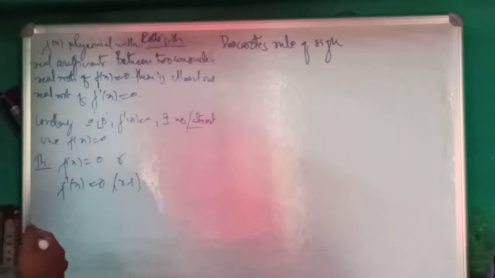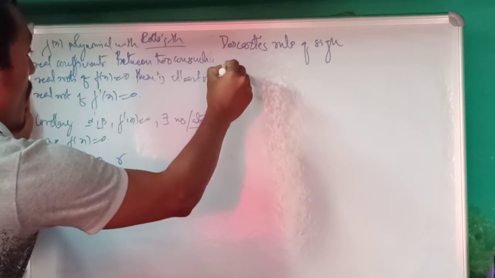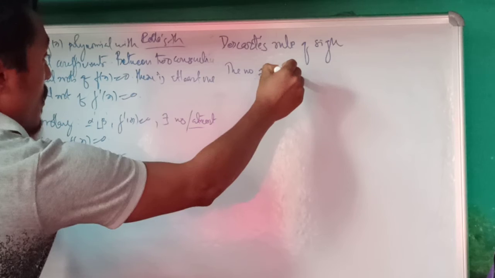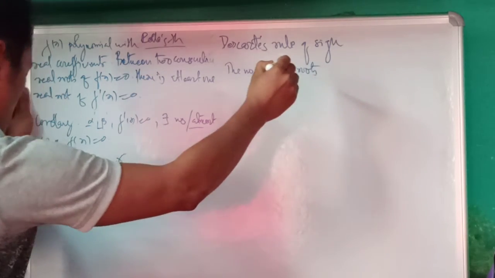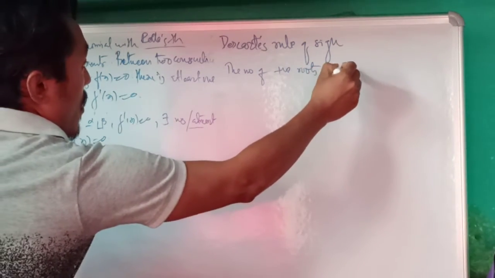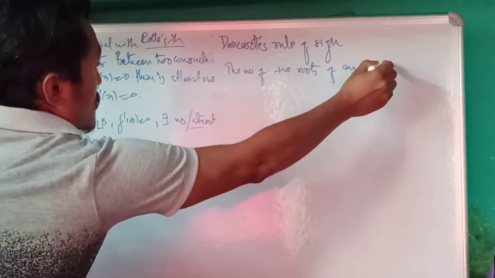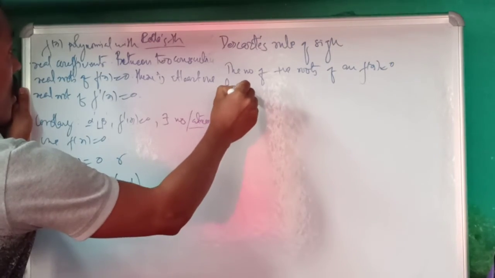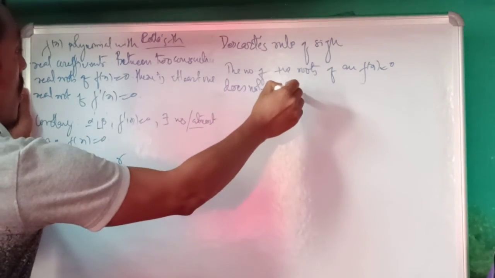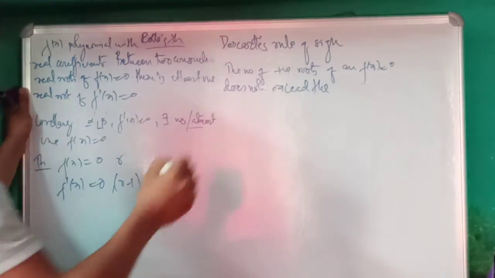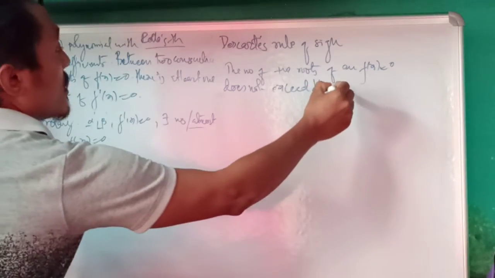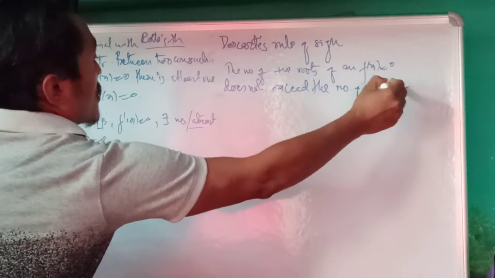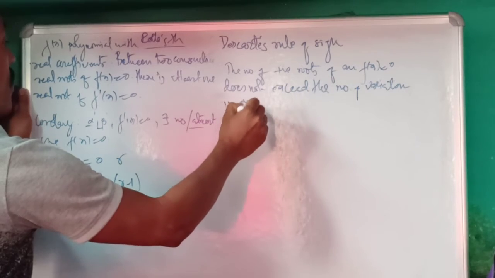I will write it: the number of positive roots of an equation f of x equals 0 with real coefficients does not exceed the number of variations of sign. Variations means changes in sign.